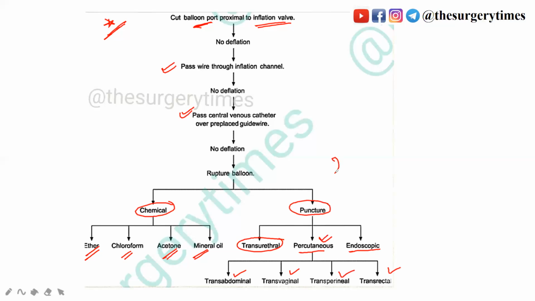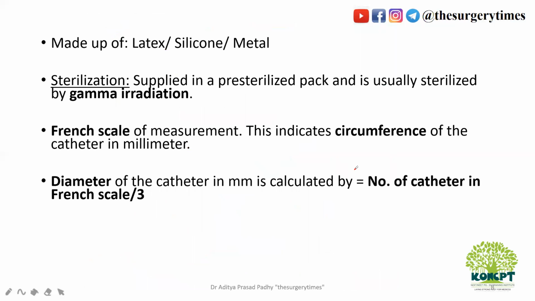Remember, it is very, very important: the various ways of removal of a difficult Foley's catheter. Already we have covered the composition; it may be latex or silicone or metal.